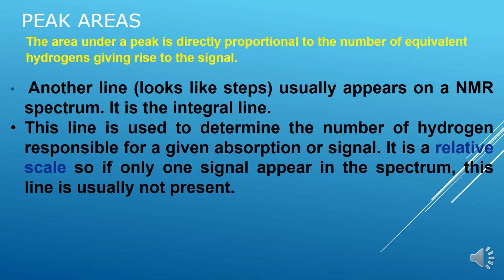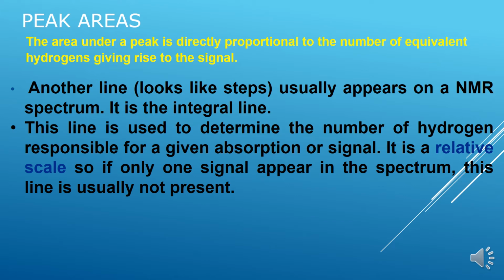Another line is also represented, which looks like steps and usually appears on the NMR spectrum. It is the integral line, a sigmoidal line. This line is used to determine the number of hydrogens responsible for the given absorption or signals.